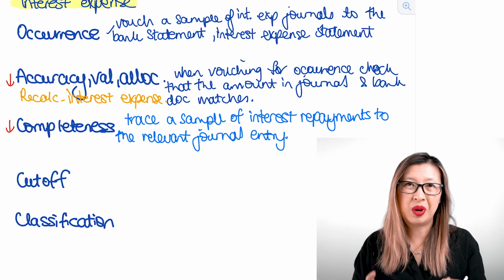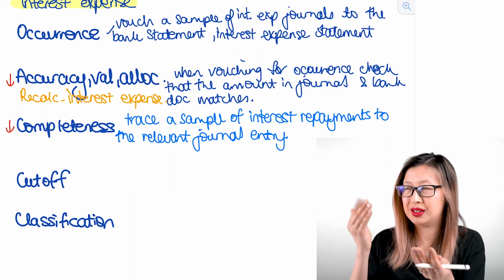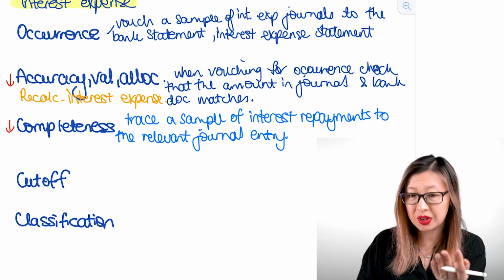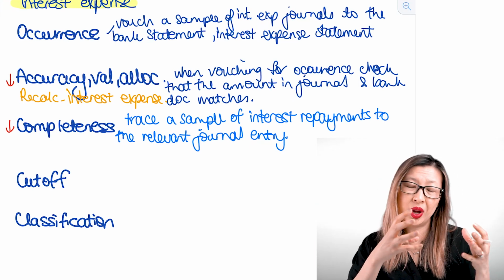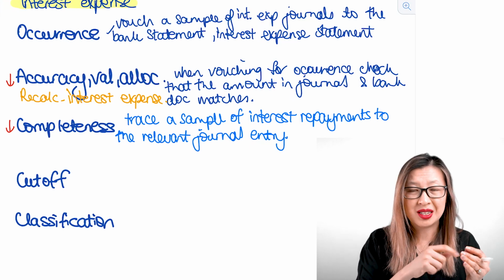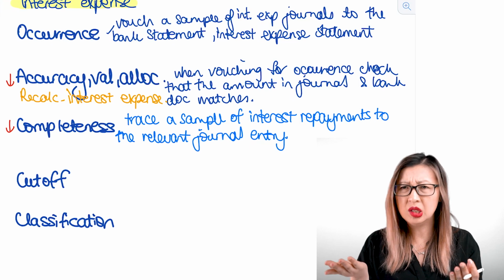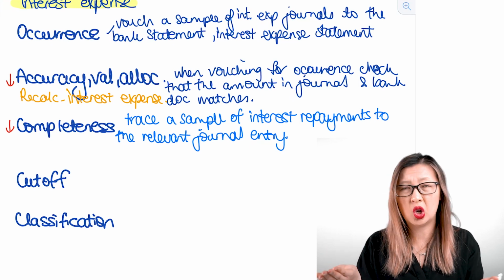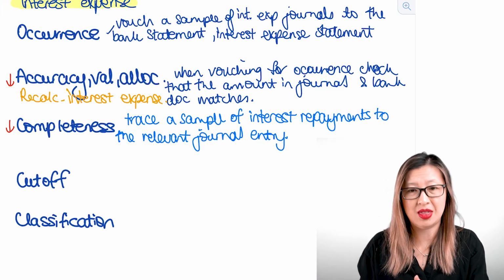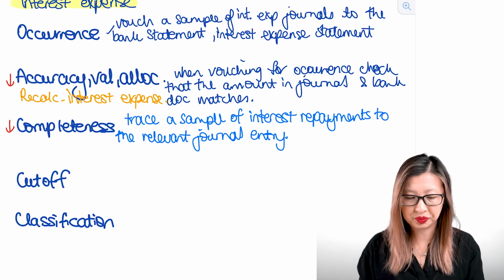So that might be that you have the bank statement, somebody has to prepare the journal entry, somebody has to then check it and approve it and post it. So you want to start with the bank documents. Tracing's moving forward, and this will help us identify, oh look, there are 5 interest payments that were made. Oh look, only 4 recorded in the journal, 1 is missing, let's rectify that. So we're going to trace that sample of interest repayments to the journal entry.